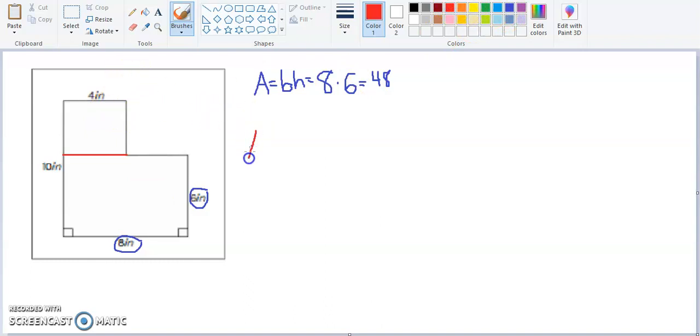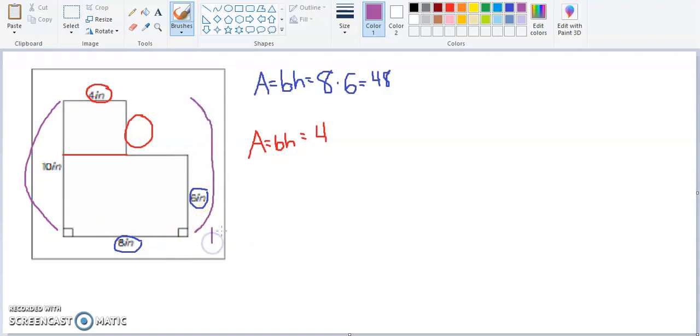So it's still a rectangle, so I know its area equals base times height. Right here I see that my base is going to be 4. Then I look here and I don't see a height on either side. So I'm going to have to find that using the information given. I'm told that this is 10 inches, so that means this side would also be 10 inches.